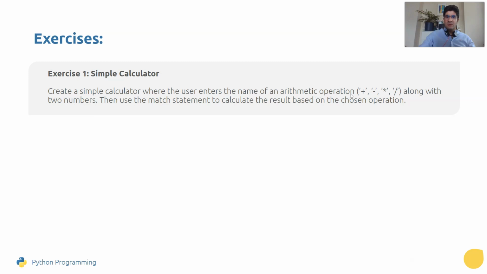The first one is the operation that we want to run, and then two numbers, and then we use the match statement to calculate the result based on the chosen operation. I think plus, minus and multiplication will be easy, but for division you need to check something, because when we divide a number by another number, the second number cannot be zero. You need to be careful about that.